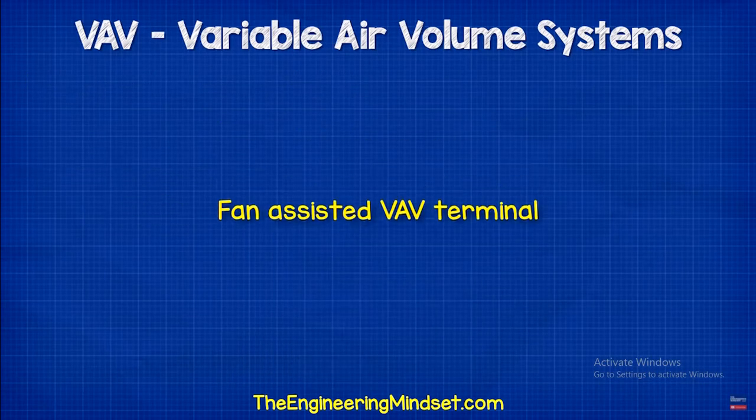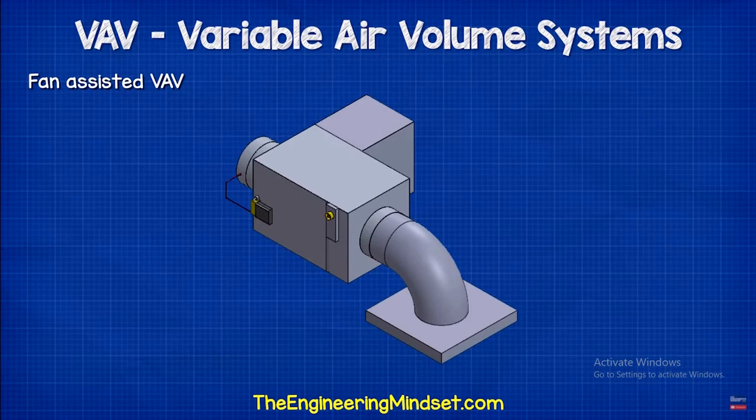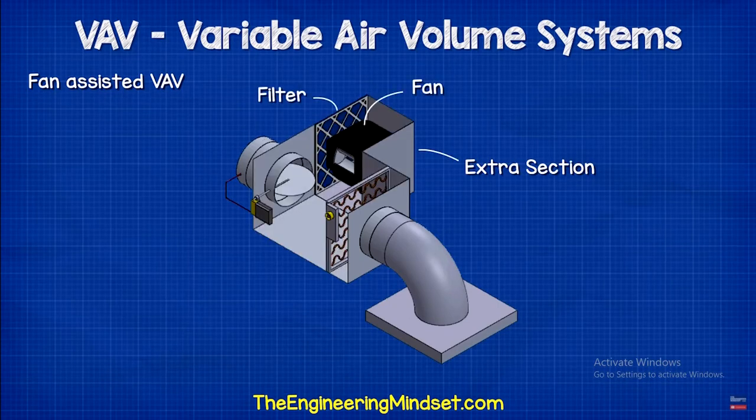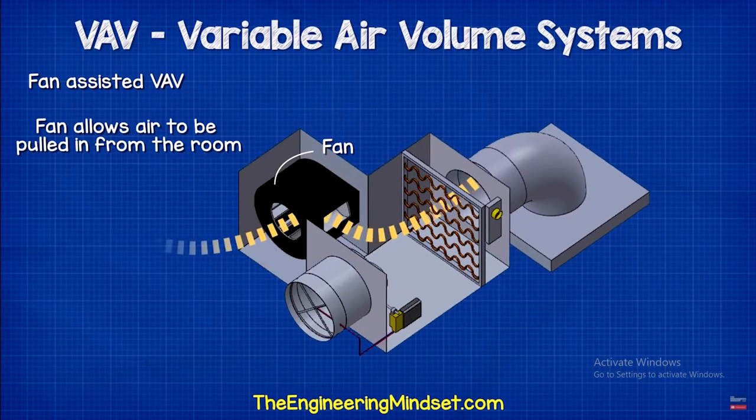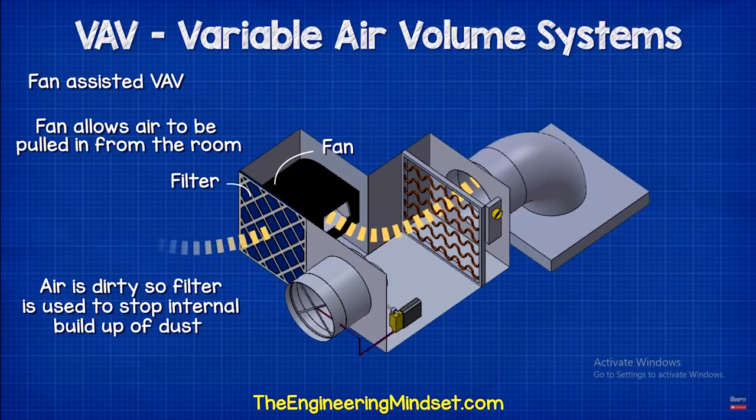So as the dampers open and close, we don't get surges of air flowing into the space, but by using the fan, we can maintain a constant turnover of air within the room. Additionally, it also reduces the chances of cold air being dumped out through the diffuser and onto anyone sitting below it, which wouldn't be very comfortable. So, to avoid all of these problems, we can sometimes use a fan-assisted unit.